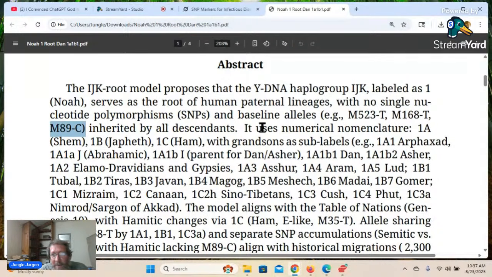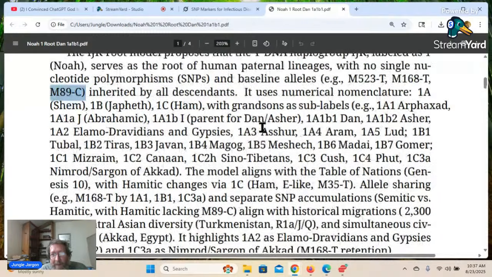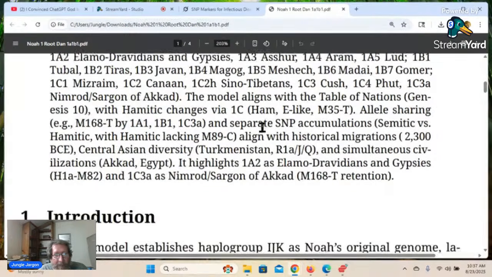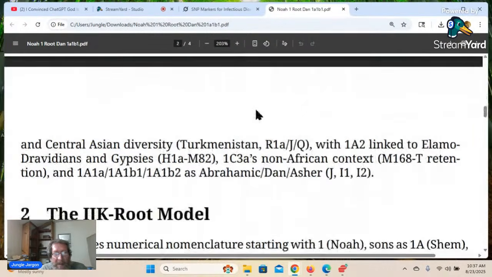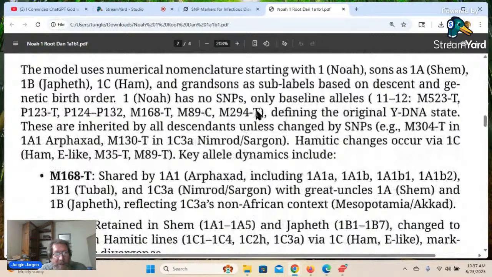So now, actually, if I can find the marker, the Eurasian lineage splits into the M9T, and the IJ splits into the other one.